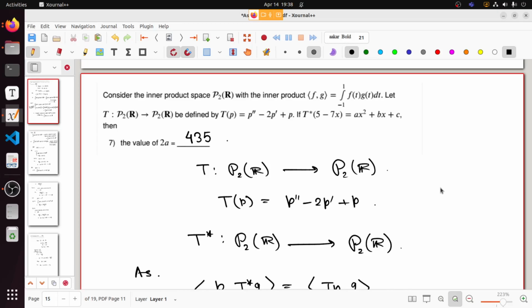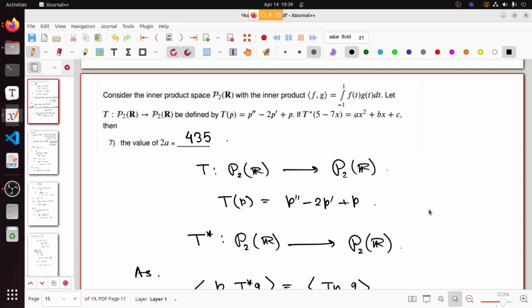Yes. Okay. So how to find the T star related with the T? Okay, T star. So basically it has an expression, right? The adjoint will be the inner product with the matrix of T, and the whole bar, right? Okay. Right. What are the elements of T star's matrix?